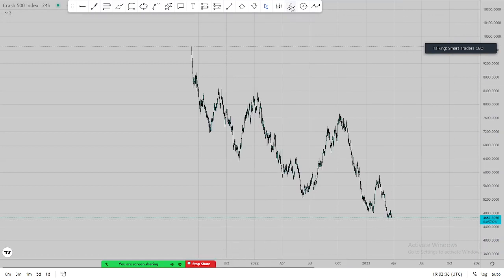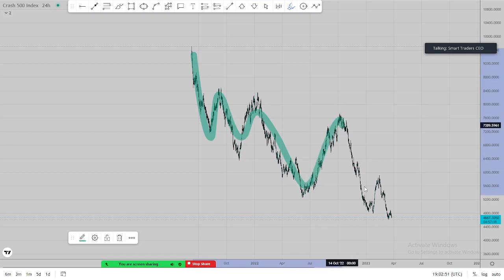So this is what we are seeing: push down, lower high, lower low, lower high, lower low, lower high, lower low. From this lower low, this is the pattern that we are currently seeing.